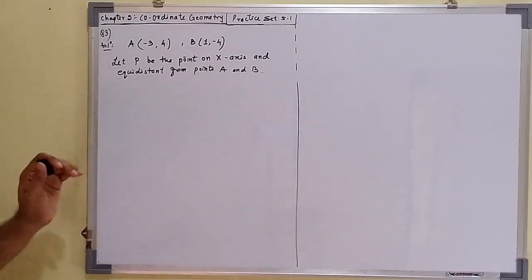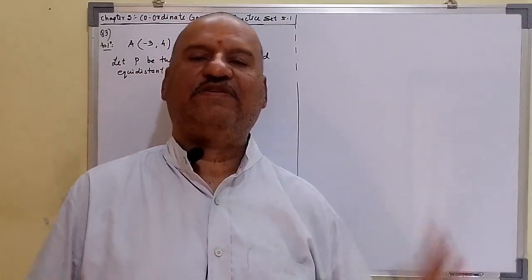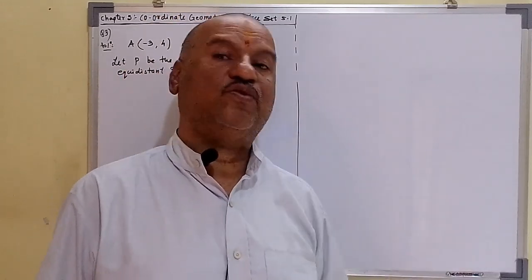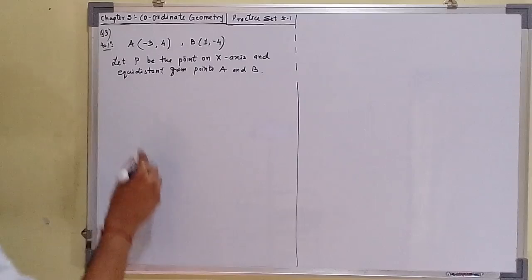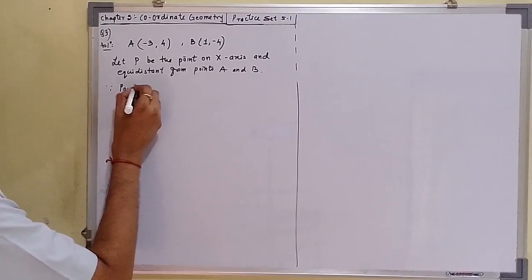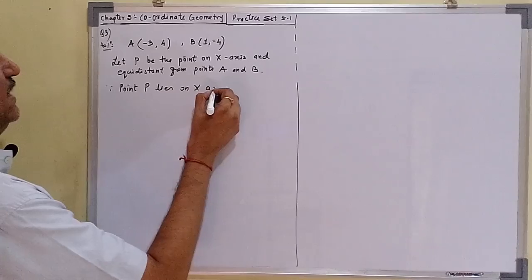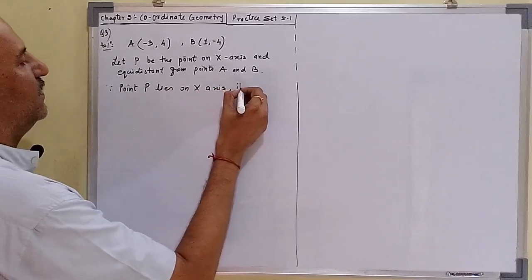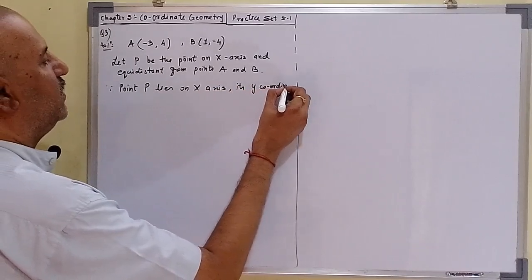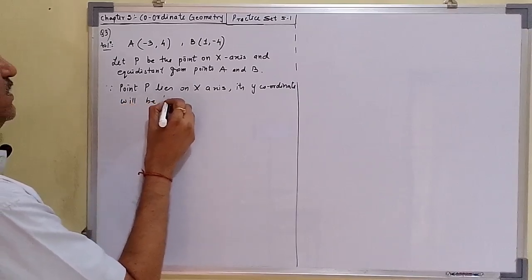ओके, अभी याद रखो मैंने आपको कहा था any point on x-axis will have its y coordinate 0 and any point on y-axis will have its x coordinate 0. तो लिखो since point P lies on x-axis, its y coordinate will be 0.